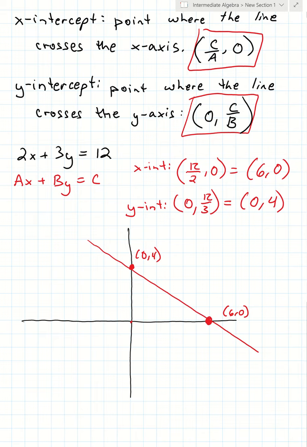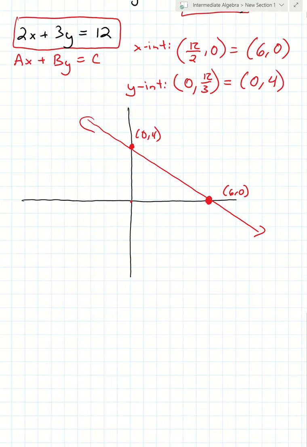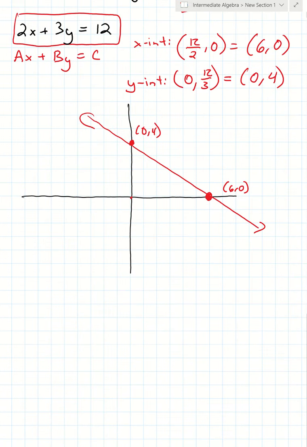And sure enough, we do. This line represents every single x and y value that will make this equation true. The 2x plus the 3y equaling the number 12. That's how we're going to graph equations in that standard form.